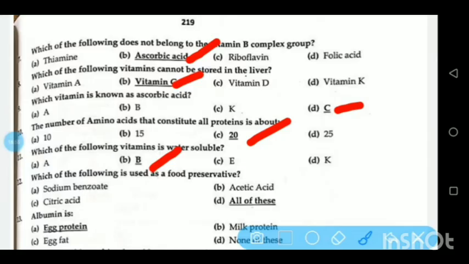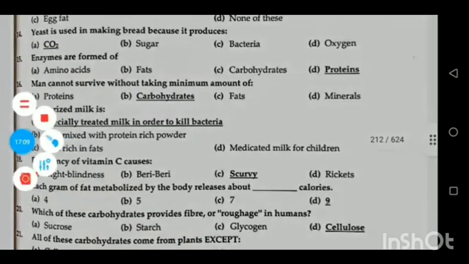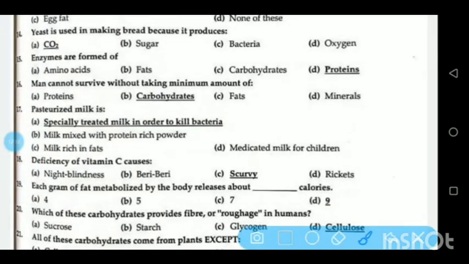Which of the following is used as a food preservative? All of these: sodium benzoate, acetic acid, and citric acid. Albumin is egg protein. Yeast is used in making bread because it produces CO2. Enzymes are formed of proteins.